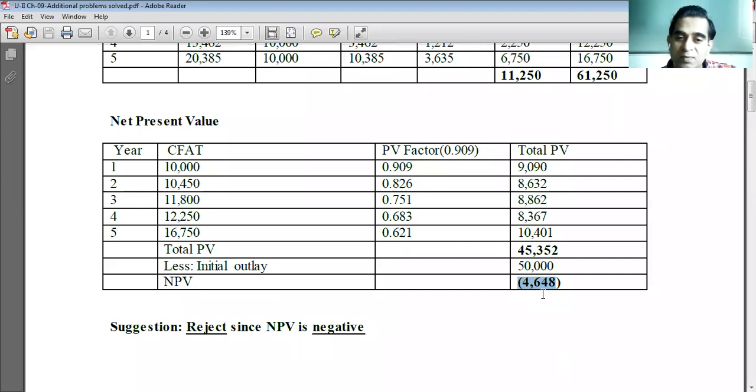Shareholders' wealth can be maximized only when there are positive returns on an investment, if the net present value is positive. So the suggestion, which you have to write, is: reject the project since the net present value is negative. There is no profit, and this investment project cannot maximize shareholders' wealth.